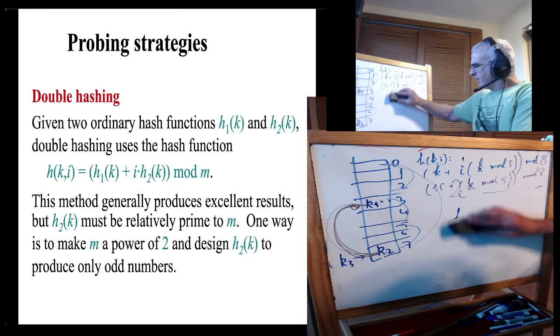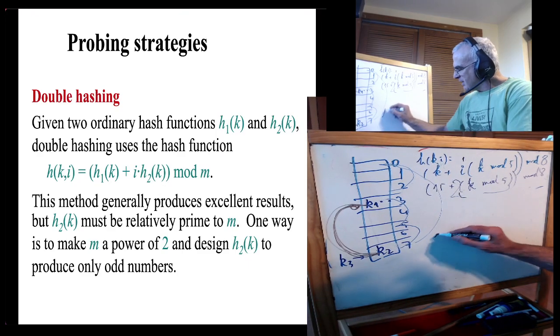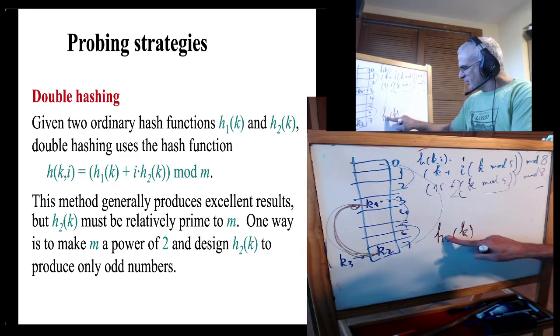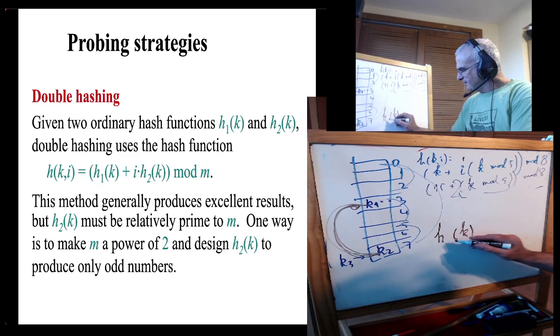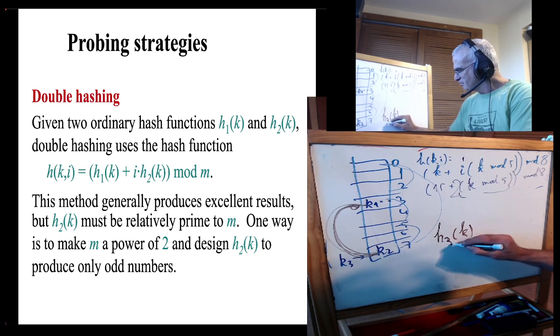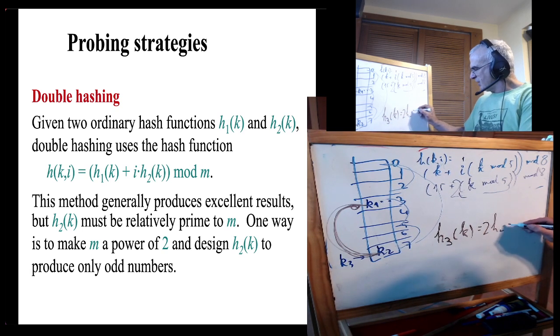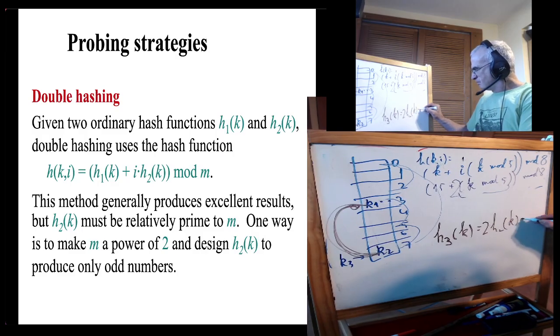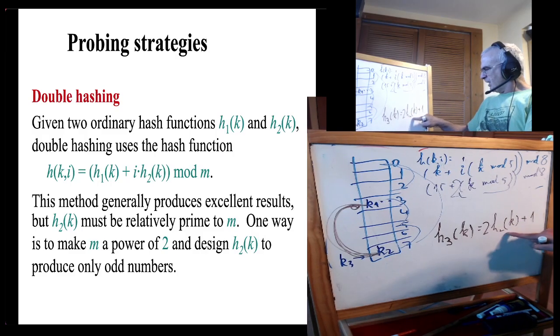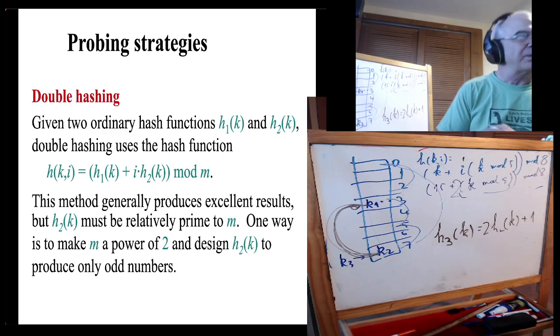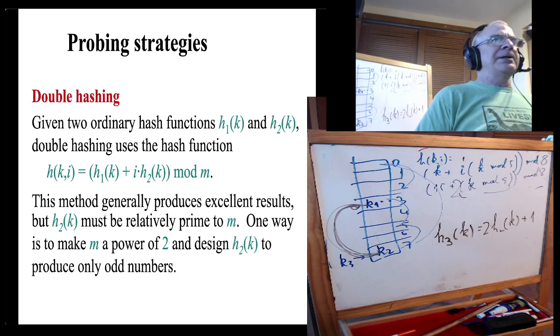How can I guarantee it? Say that h3 of k equals 2 times some other function h2 of k, plus 1. So 2 times h2 of k is always even, plus 1 is always odd, and I never run into this issue.